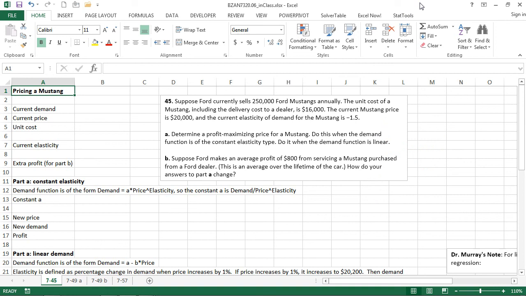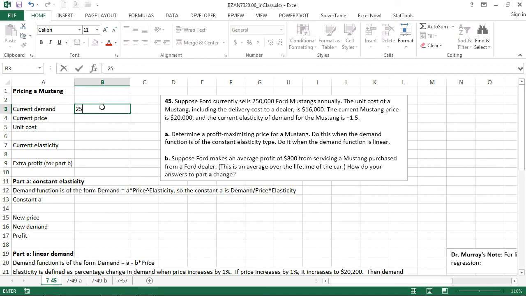Now, right away, we're defining a new term, elasticity of demand. And if you remember back from economics, what the elasticity of demand is showing is the change in demand for the change in price. All right. In this case, we are going to go ahead and plug in the data here.